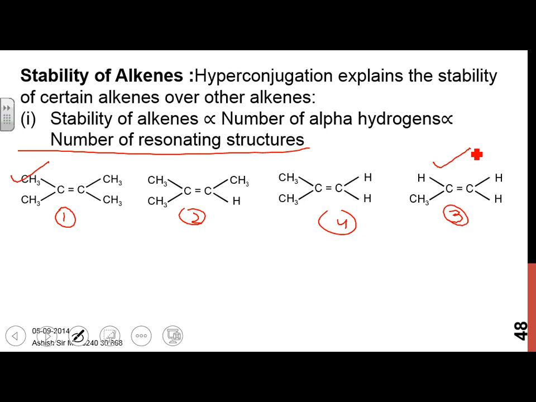As far as reactivity is concerned, this is most reactive and this is least reactive. Correct? It's not necessary that it will be this same one. They may give you another structure, but you need to find out the alpha carbons, alpha hydrogens, and number of resonances. The number of resonances decides stability. Correct or not? Understood? Are you getting me? Okay.